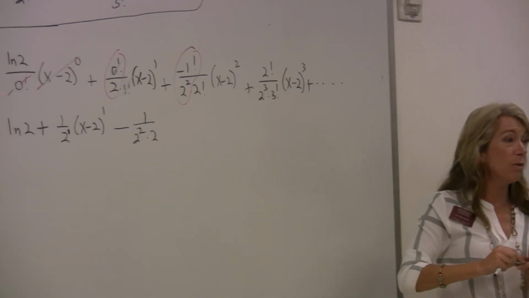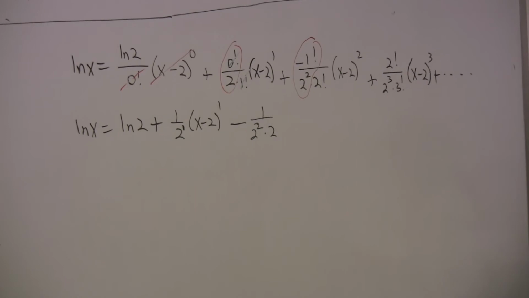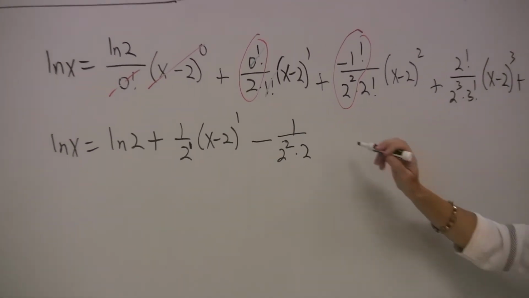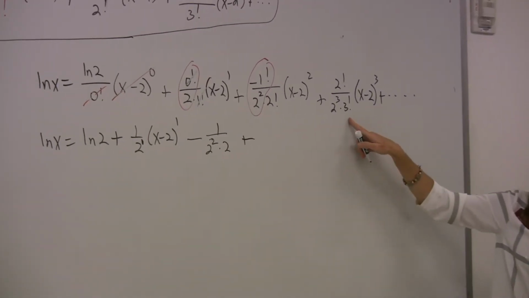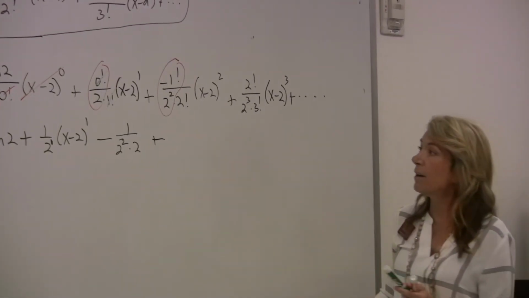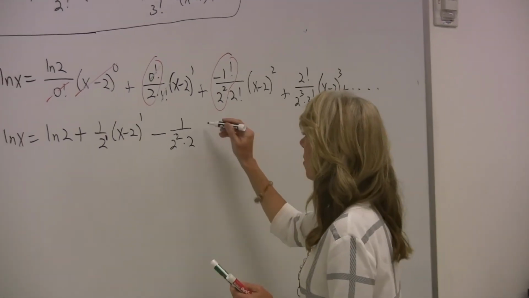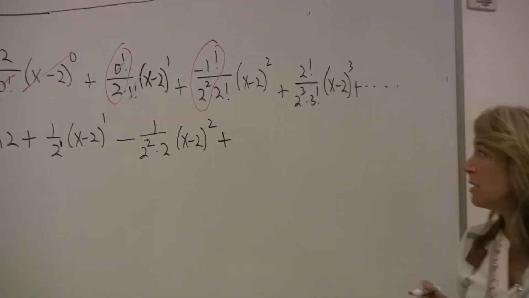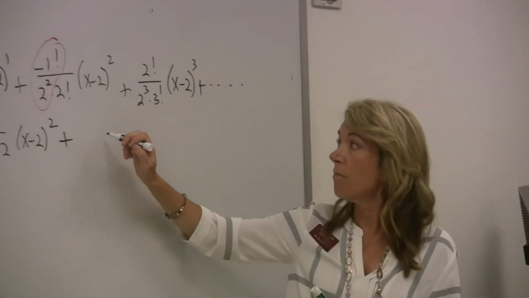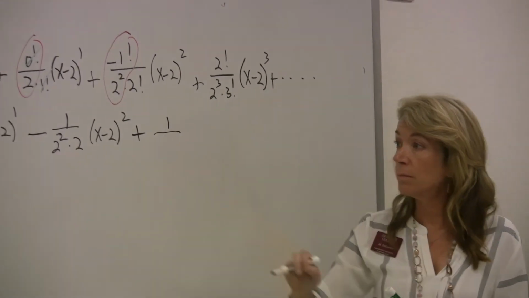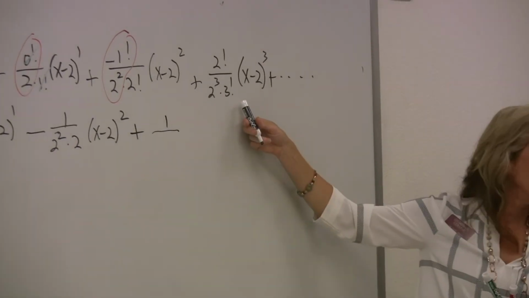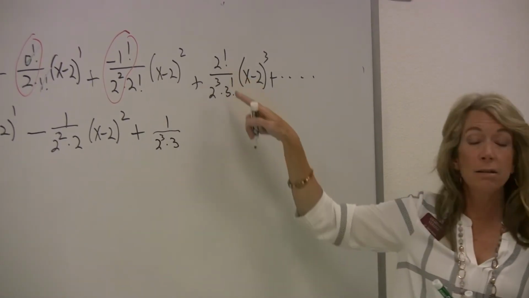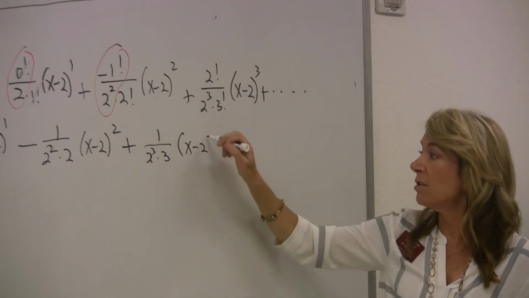If we put them all together, we won't see it. I agree it's 2 cubed, but 2 squared and the other 2 from reducing there. And what about here? Oh, I forgot the x minus 2, thank you. X minus 2 squared. And my next term? 2 cubed times 3, those factorials reduced again. And I have x minus 2 to the third.